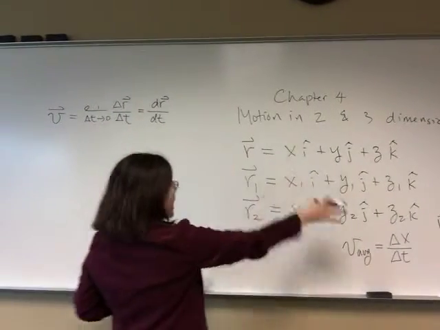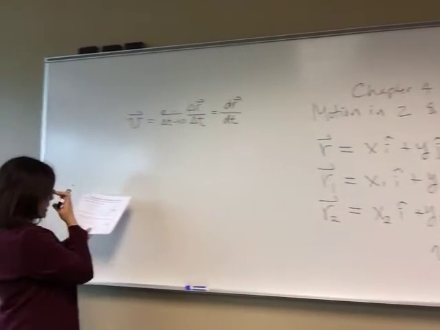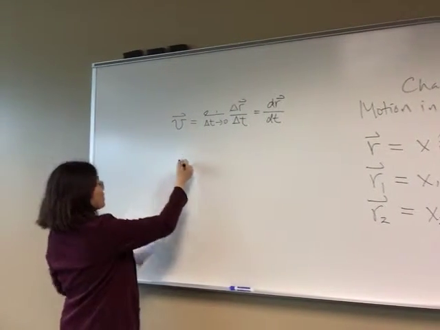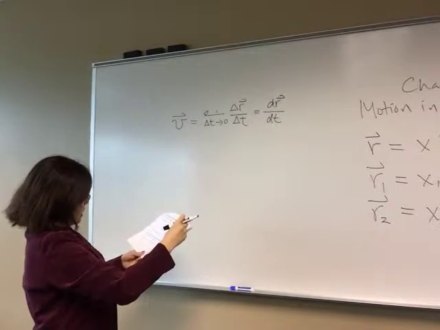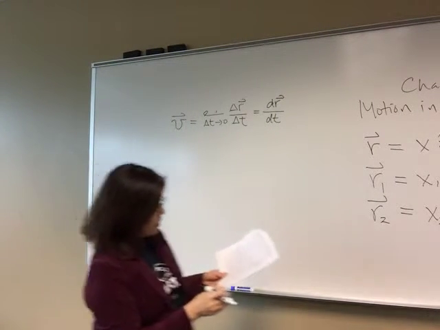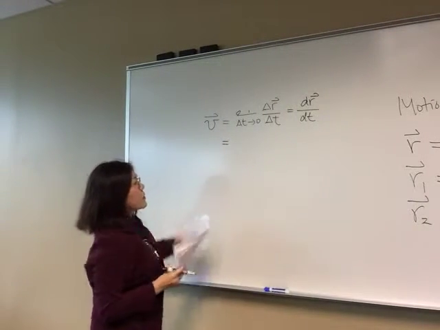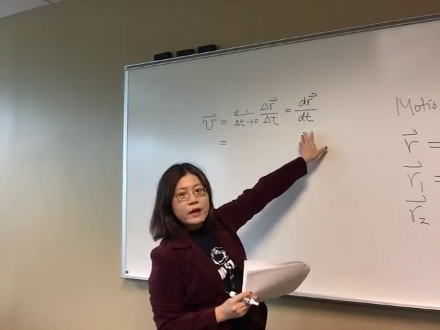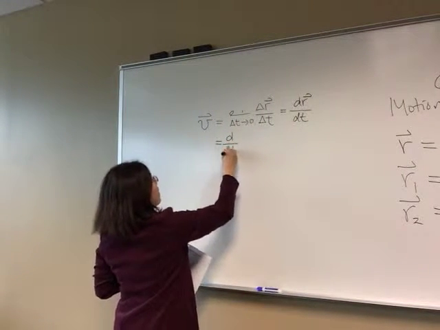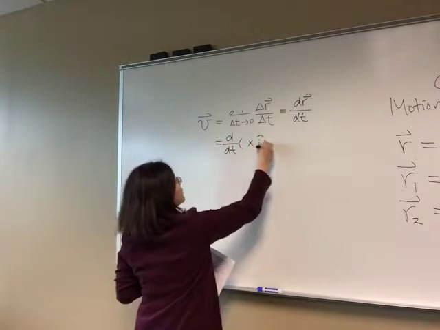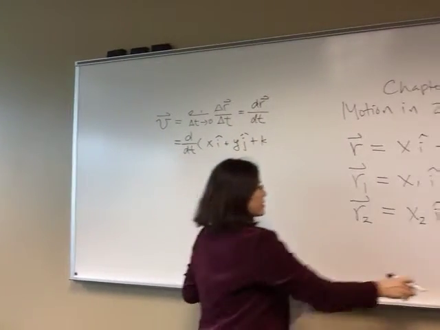We're going to use exactly the same thought that velocity is, let's see. Before I do that, let me just write it out here. So you have your dr dt, so you have your d over dt, and your r is x i hat, y j hat, and then z k hat.